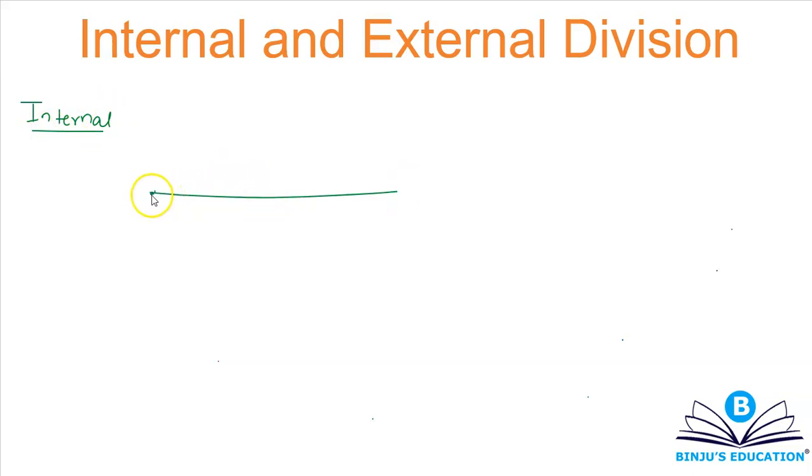Let's say I have this line, the end points A and B, let's say they have coordinates x1, y1 and x2, y2, and there is this point C which internally divides this line segment AB in the ratio m is to n, and you are asked to calculate the coordinates of C.